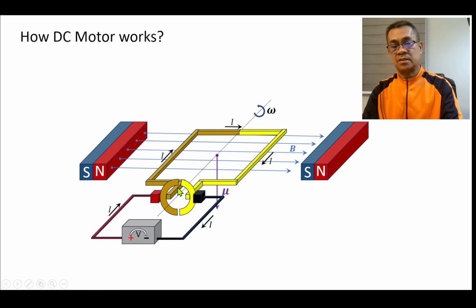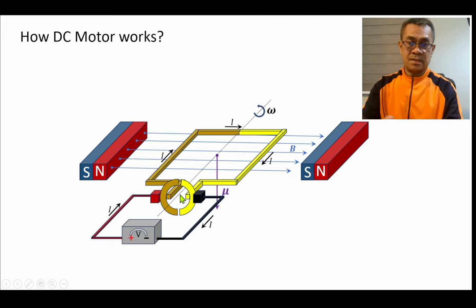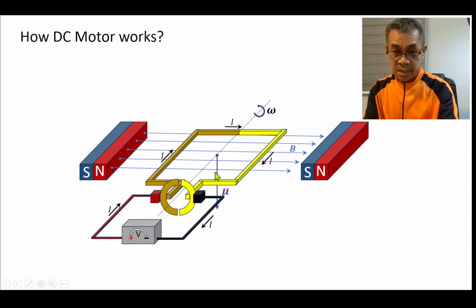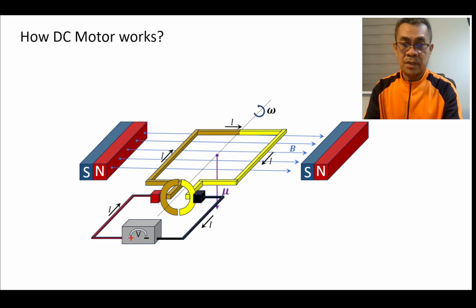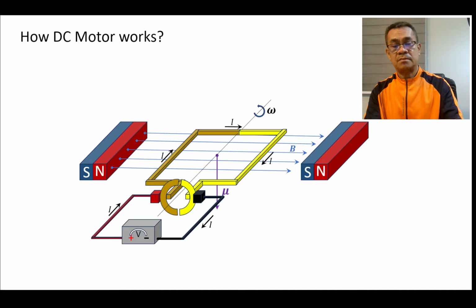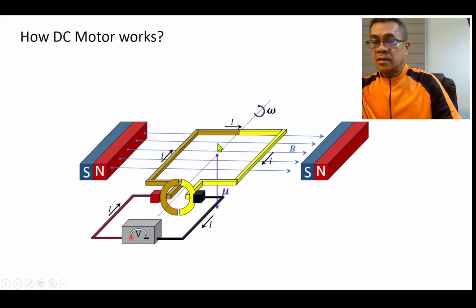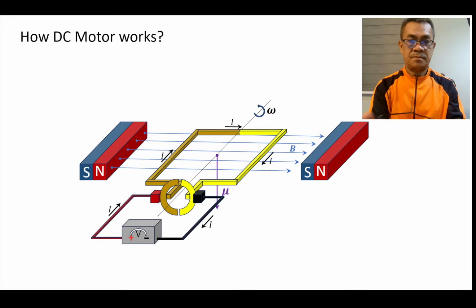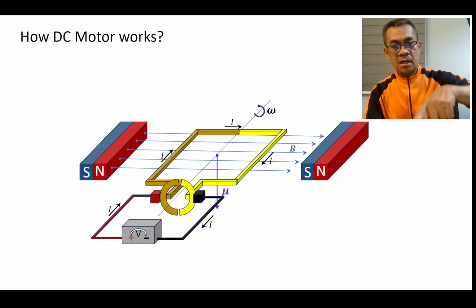Then the cycle continues. By providing current in a conductor, we have the current and we have the area of the loop. Therefore we have the dipole moment. So the dipole moment is directed downward. Why? Because of the direction of the current.